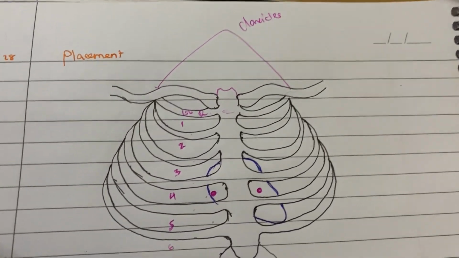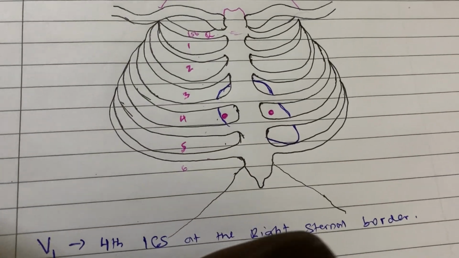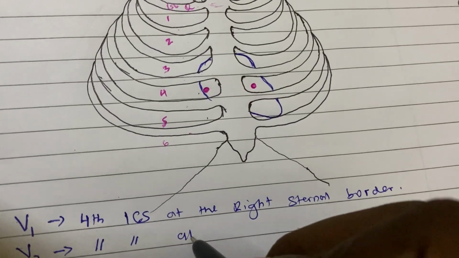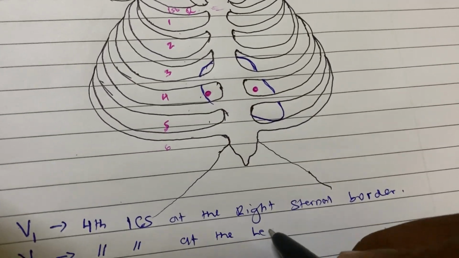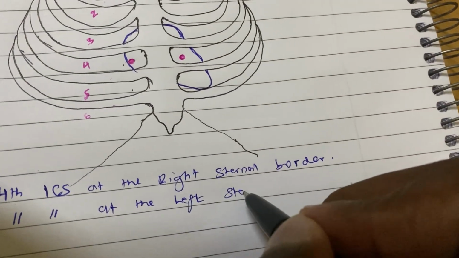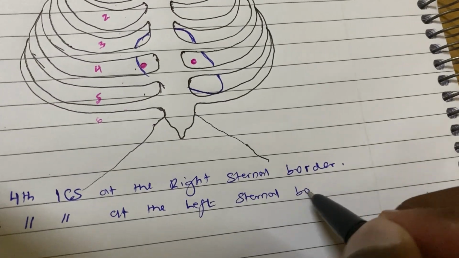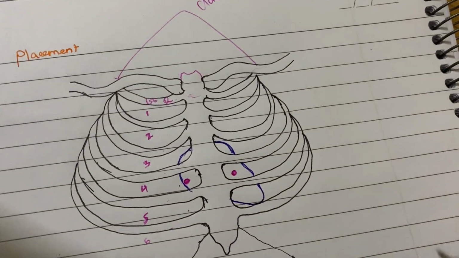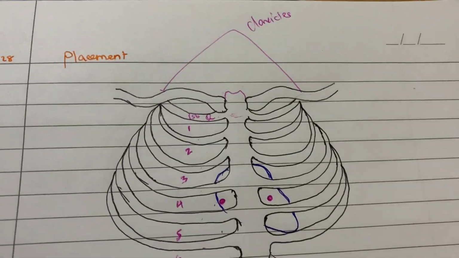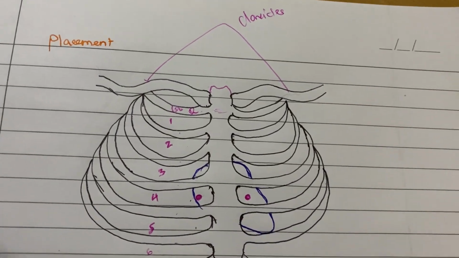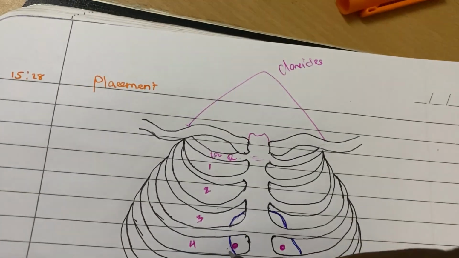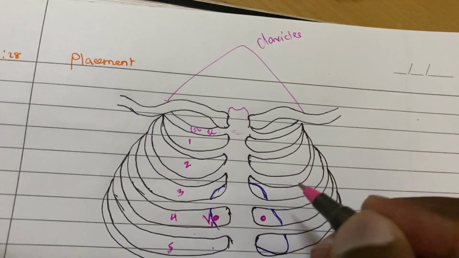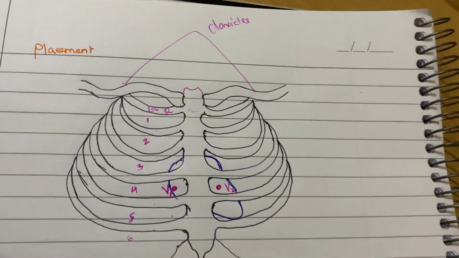And then V2 is also going to be put at the fourth intercostal space at the left sternal border. Now those are two. So if you have to label, this one is V1 and this one is V2.